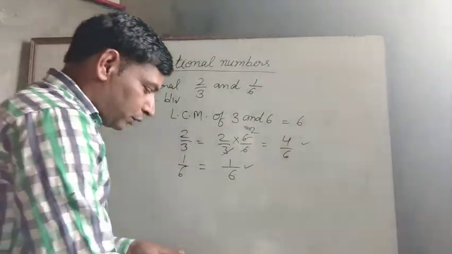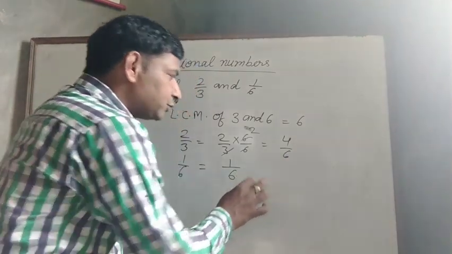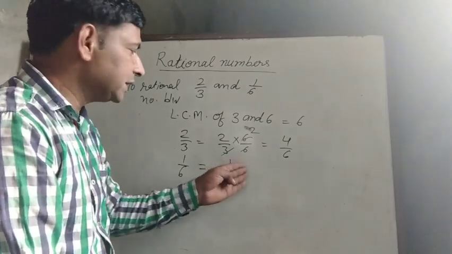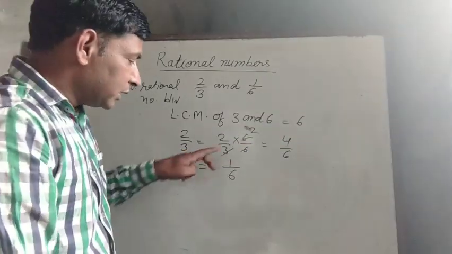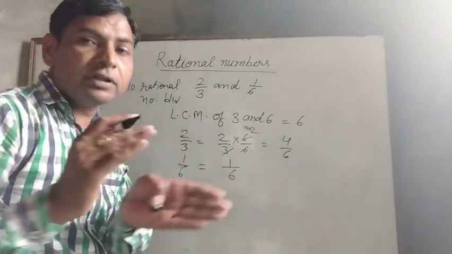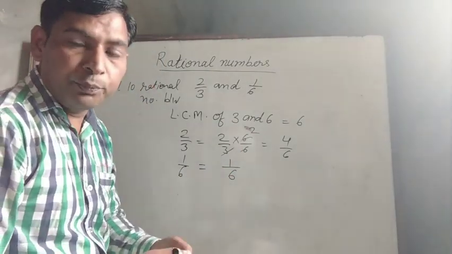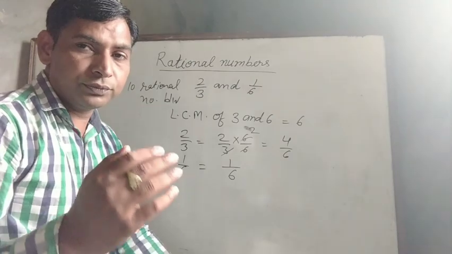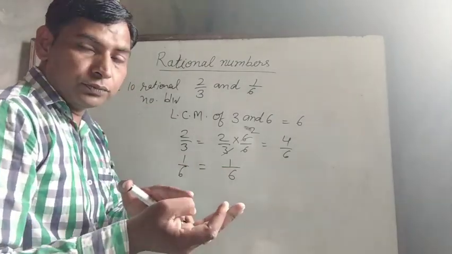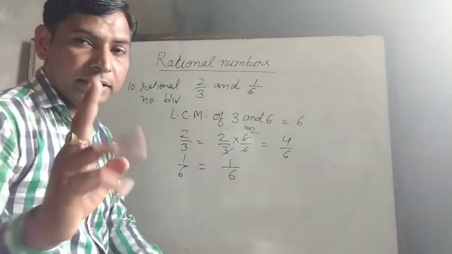Now we see that we have to find 10 rational numbers between this and this. Now forget 6 for some time. Now see, 1 and 4. Between 1 and 4, how many numbers are there? There are 2 and 3.